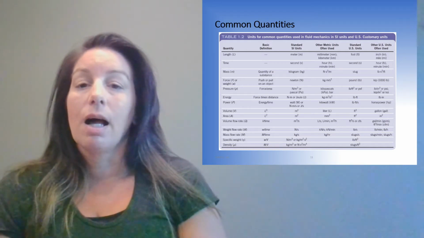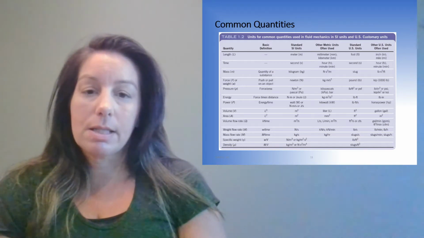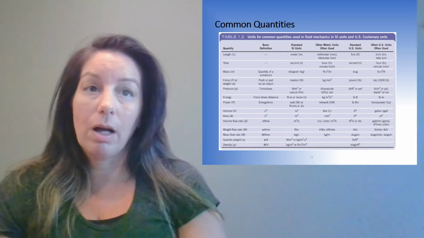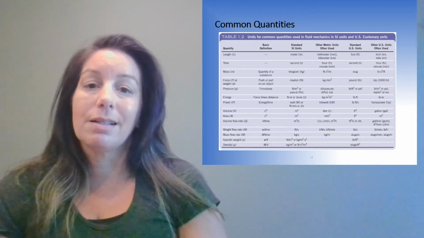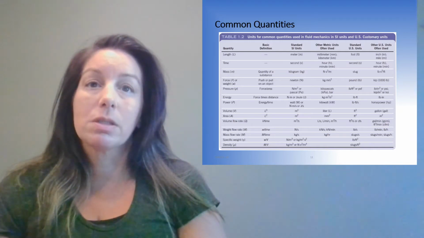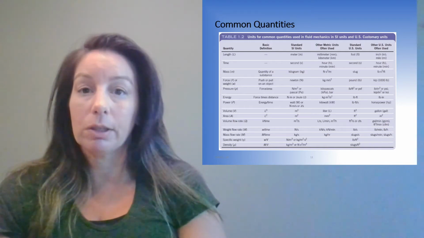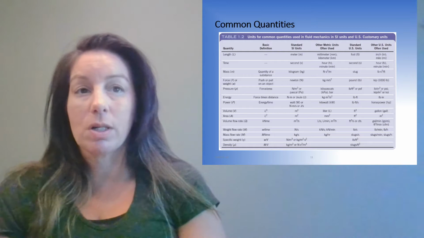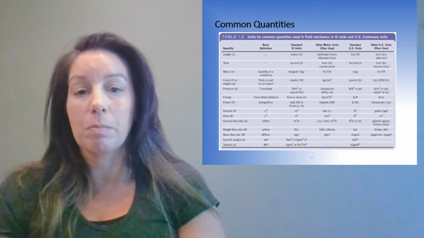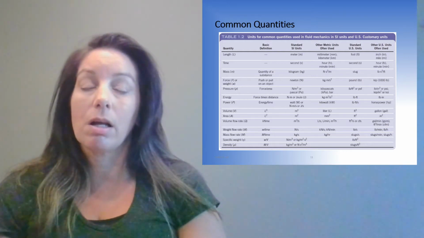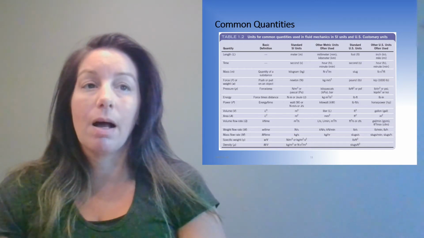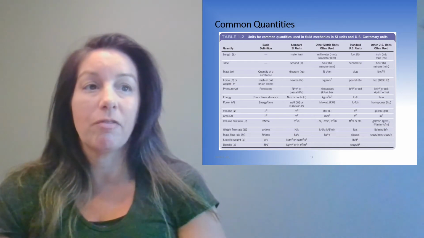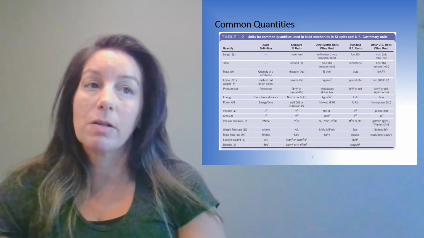In SI units it's a Newton, and in imperial it's a pound. Pressure, which we'll get into, is force times area, so commonly Newtons per meter squared, which is a Pascal, or pounds per foot squared, PSF, or pounds per square inch, PSI.